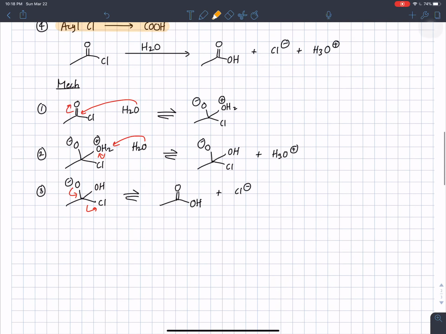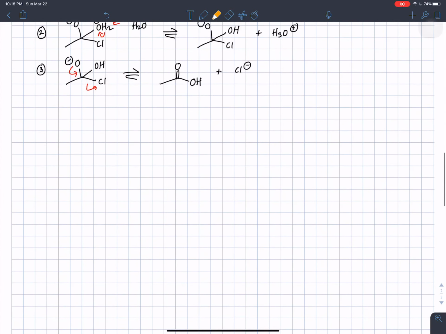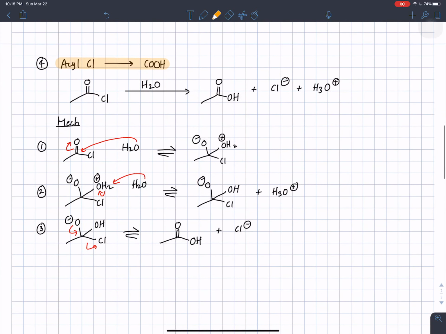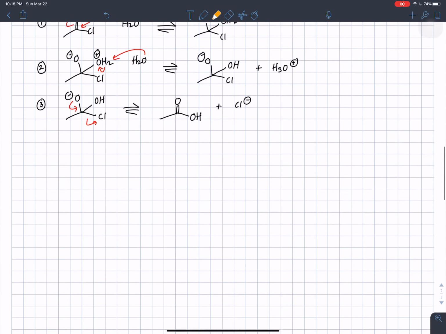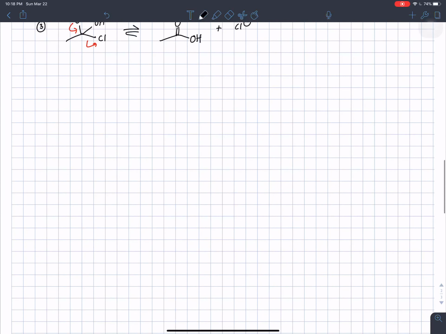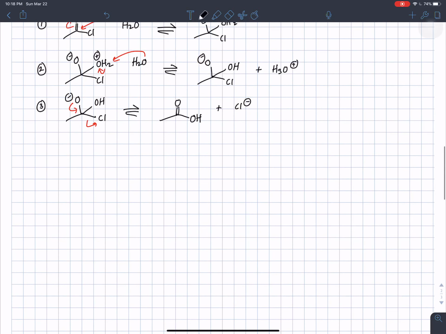Okay. Number 5. So next reaction. This one is how you go back. I'm going to go over them together because it's pretty straightforward. So if you ever want to go backwards, let's write 5. We'll give each one a number. So number 5, this would be going from COOH to an acyl chloride or bromide.